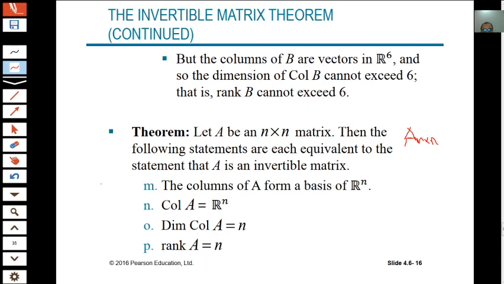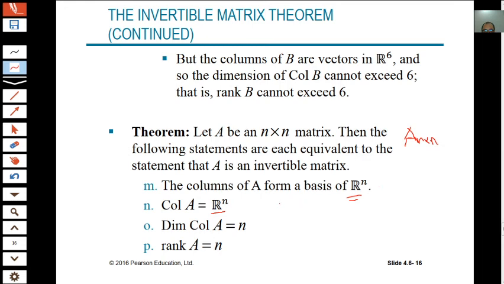Then the following statements are each equivalent to the statement that A is an invertible matrix. The columns of A form a basis of Rn. The column space is equal to Rn, if the columns of the matrix A form a basis for the vector space R to the n.